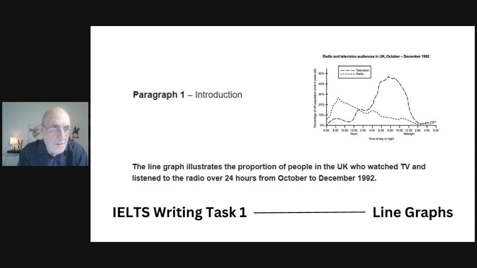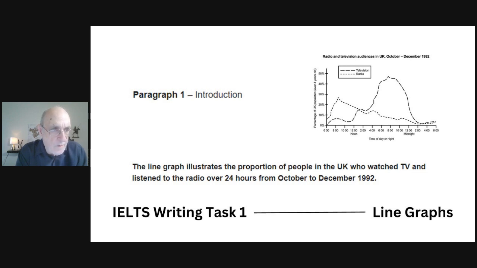The line graph illustrates the proportion of people in the UK who watch TV and listen to the radio over 24 hours from October to December 1992. So all we've done is paraphrase, taken a little information from the labels and title, and formed our introduction. And as you can see, the introduction isn't even a full paragraph. It's just one sentence, and this is all that's required for the introduction to our essay.